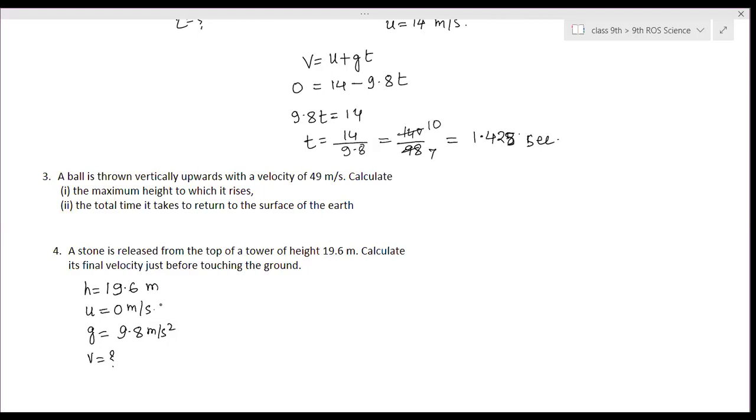If you take 9.8, V square is equal to 0 plus 2 into 9.8 into 19.6. So 2 into 9.8 is 19.6. Yes, ma'am, I got the same. So 19.6 into 19.6. Ma'am, we have to only calculate velocity. Yeah.